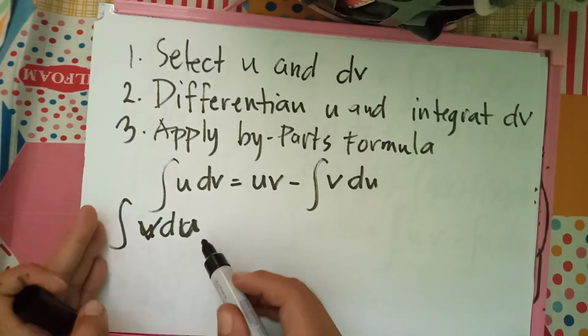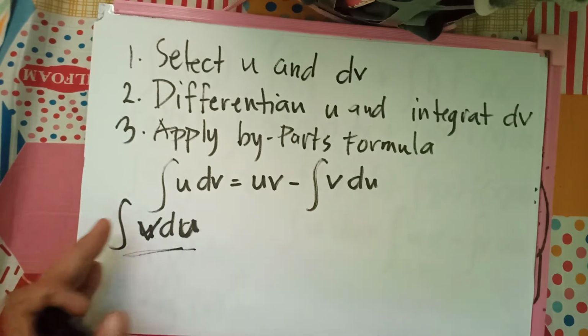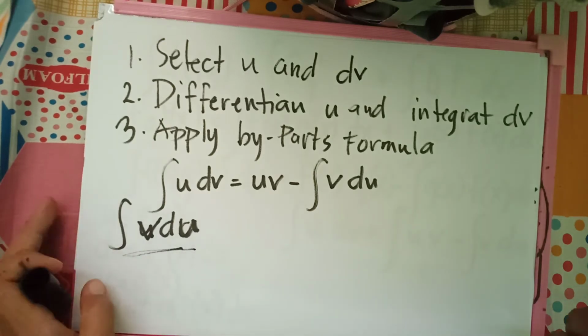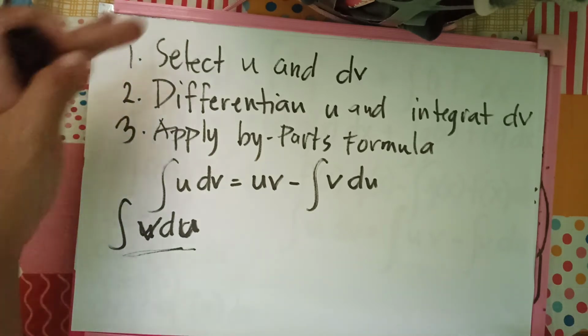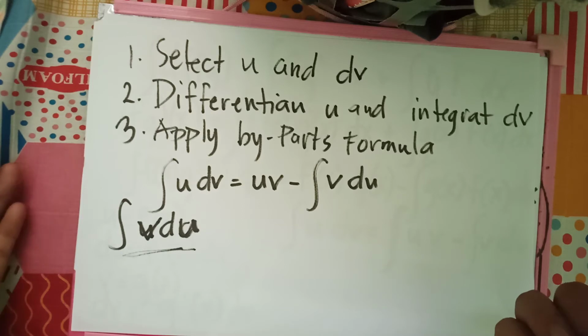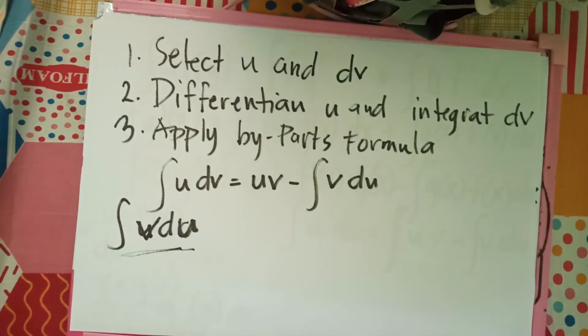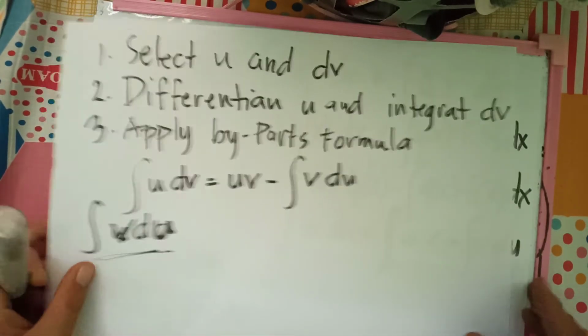Okay? So, kung ganito, kinuha mo na to, tapos mas complex siya, ibig sabihin may mali. Mali yung na-select mong u, mali yung na-select mong dv. So, in case, kailangan mong i-reverse, kailangan mong palitan yung u, kailangan mong palitan yung dv.